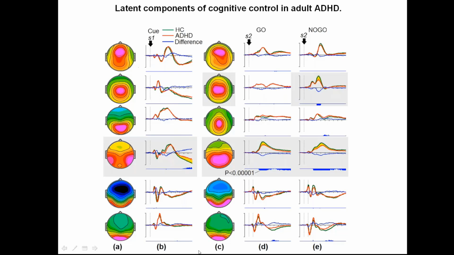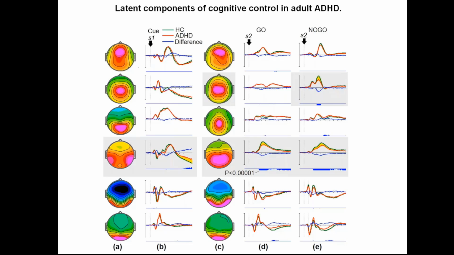And you can see that at the bottom we have the sensory related components, which are quite normal in ADHD. In the middle, I present the parietally generated component, which is smaller in ADHD in comparison to healthy control, and on the top I present the frontally generated component, which is higher in healthy control than in ADHD.